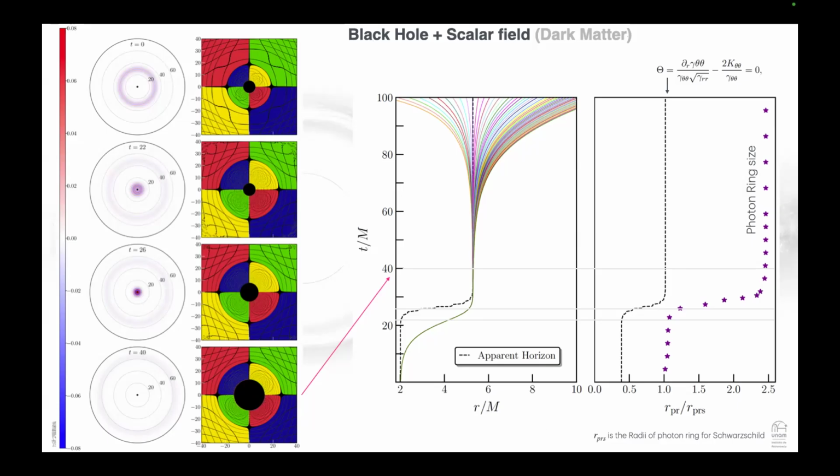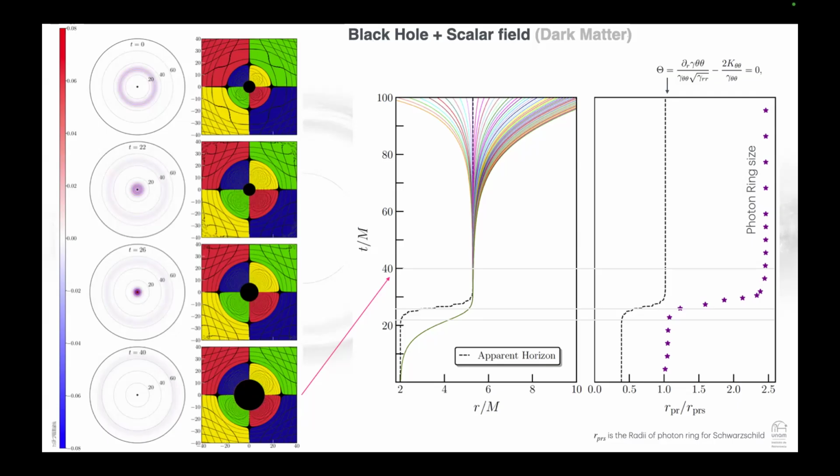Again, this is very simple. This is a massless scalar field with no potential in the Klein-Gordon equation, so it's very simplistic. Basically, we have a lot of possibilities to improve our model. The first one is to introduce the rotation of the black hole. The second one is to put in a massive scalar field.